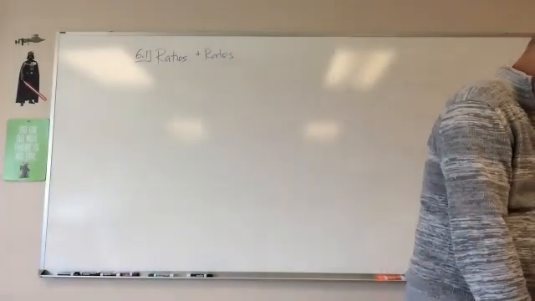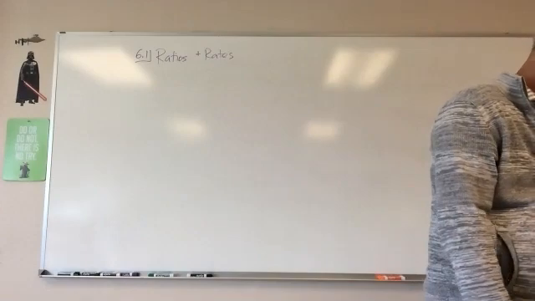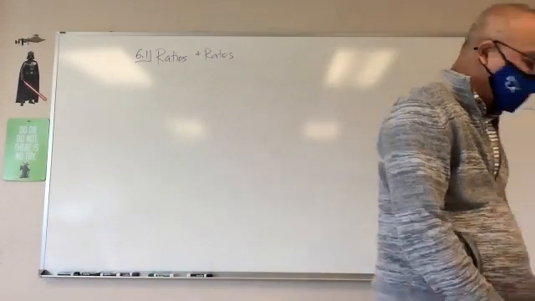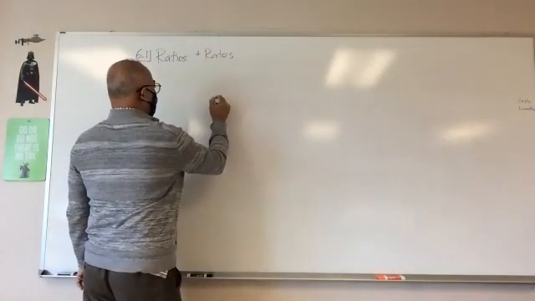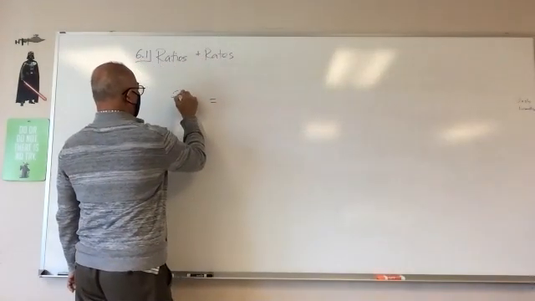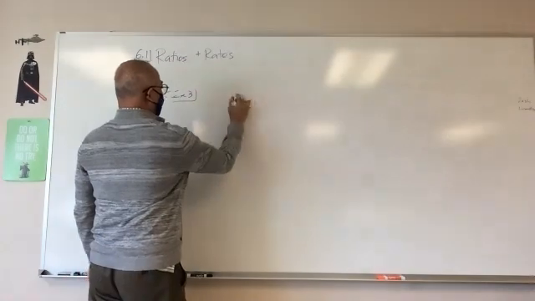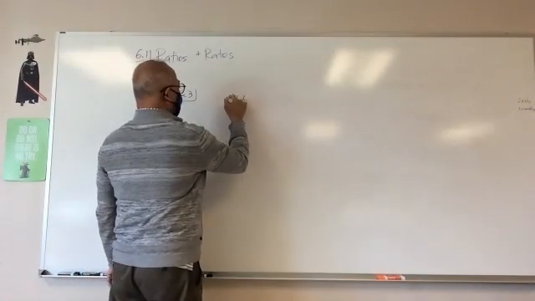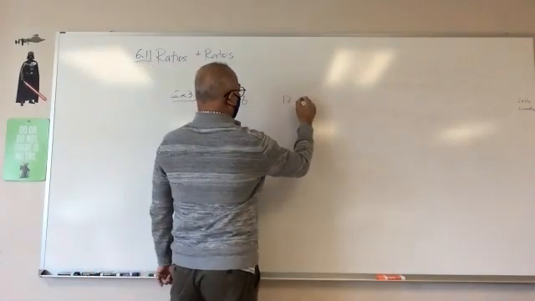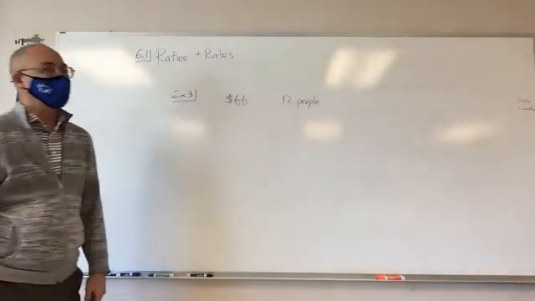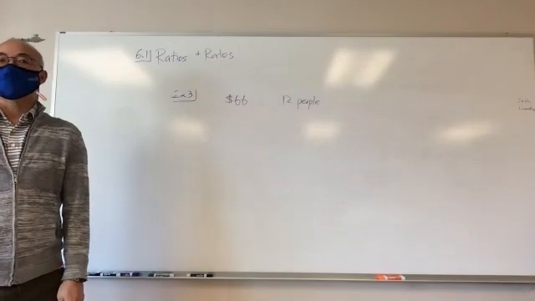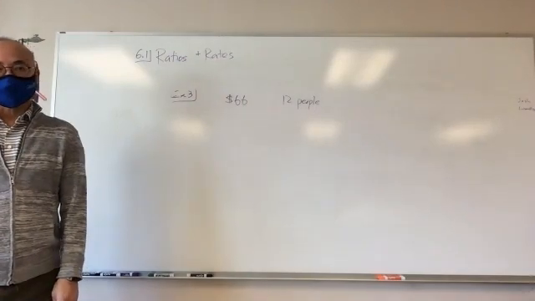So example number 3, you host a party for 12 people. The food and drinks for the party cost $66. So you have $66, and this is for 12 people, right? You're going to be interested in how much money I spent per person, correct?